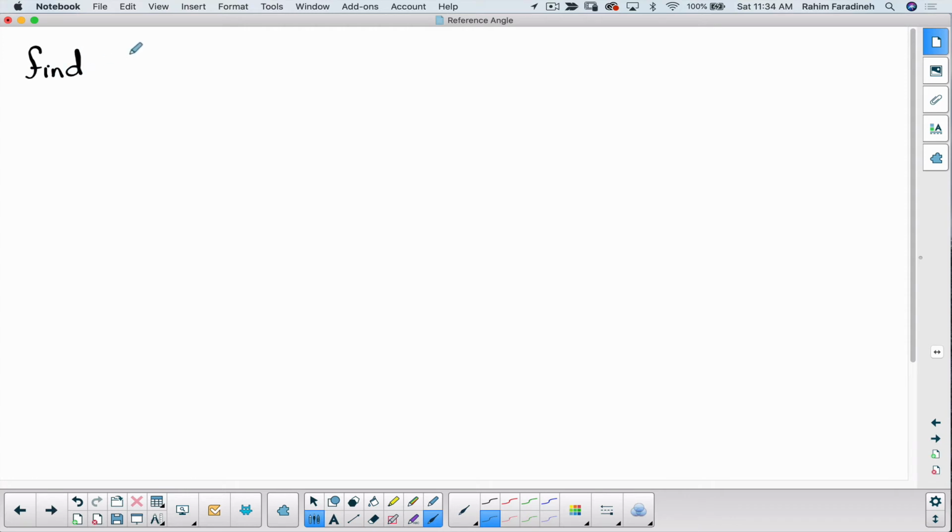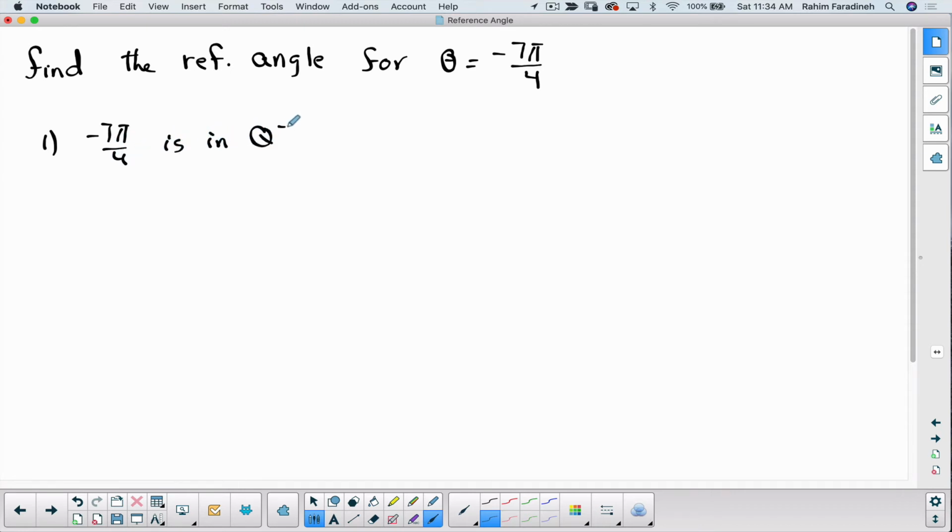I want to find the reference angle for theta equal to negative 7 pi over 4. Now, negative 7 pi over 4 is in quadrant 1. So in terms of radians, I'm going to go ahead and add 2 pi to it.